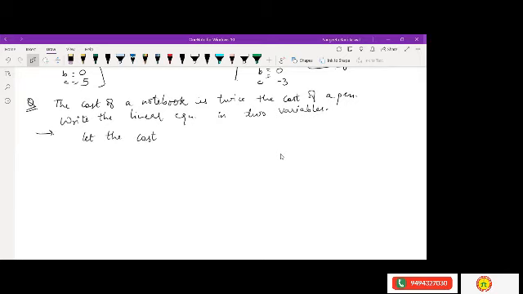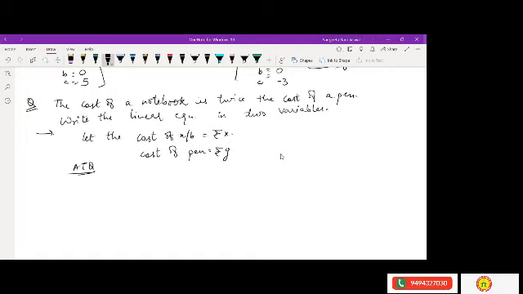We need to take two variables, no? So let the cost of a notebook be rupees x and the cost of a pen be rupees y.